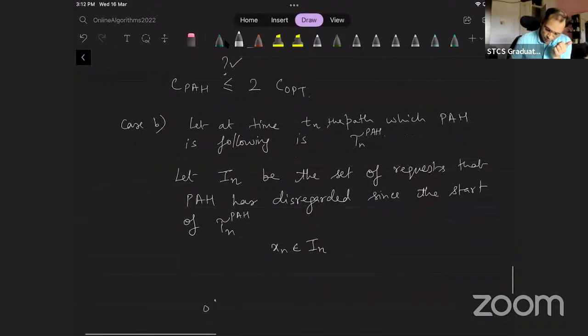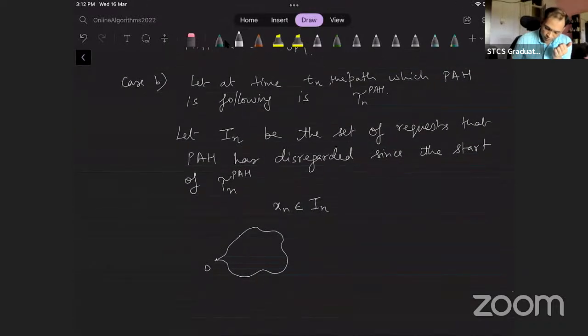So just to show pictures, so origin, this is the current path which OPT is expecting to finish. So it could happen that, let's say X30 arrived, which was very close compared to where it was at that point. So it disregarded X30. So this was the location of X30.